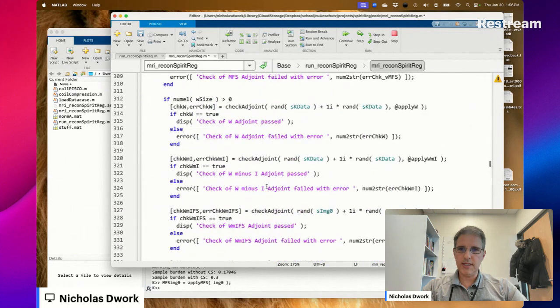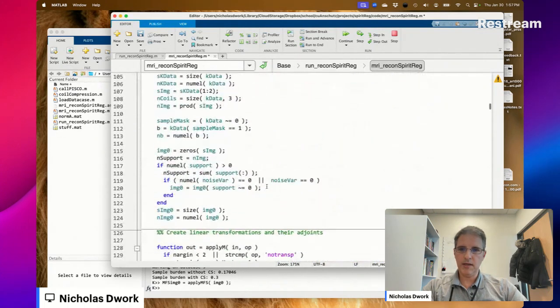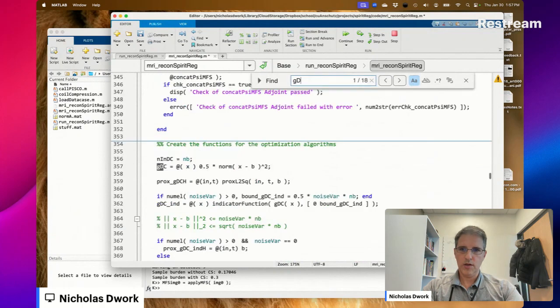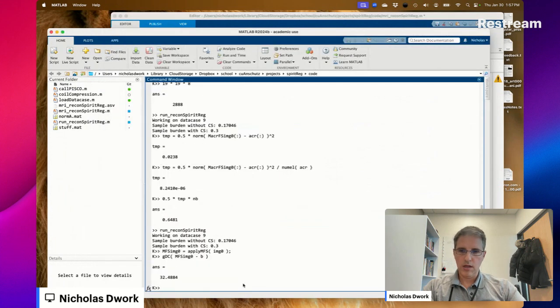What is GDC? Just the L2 norm of AX minus B? Right. Okay, let's compute AX minus B, 32, divided by NB.